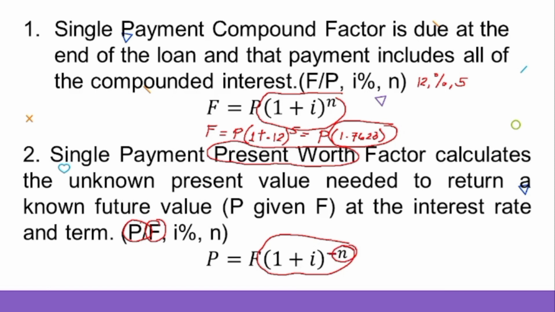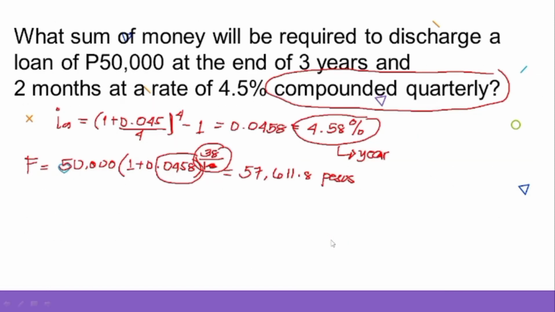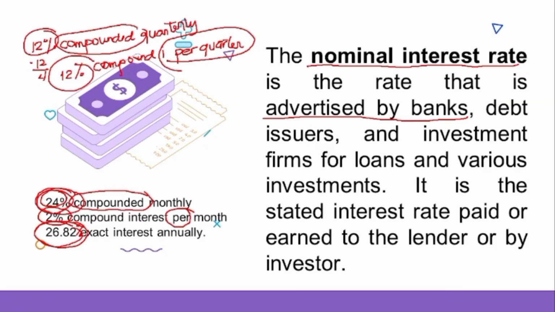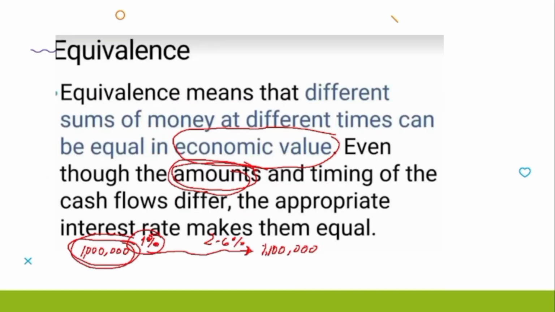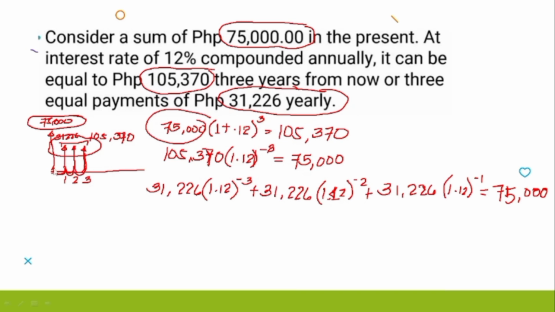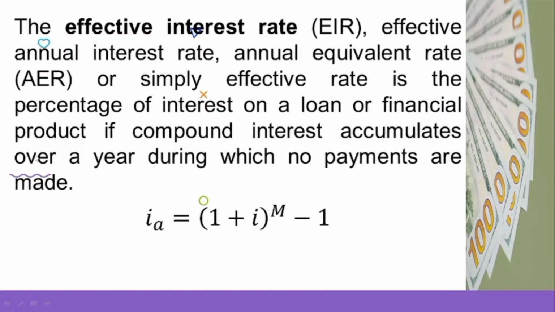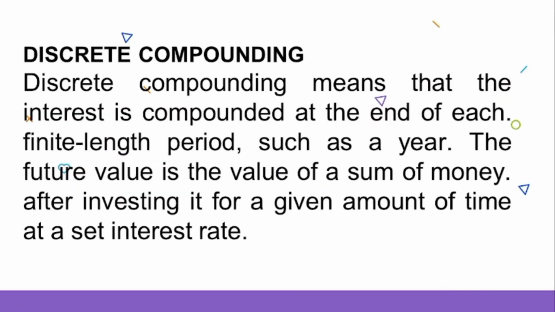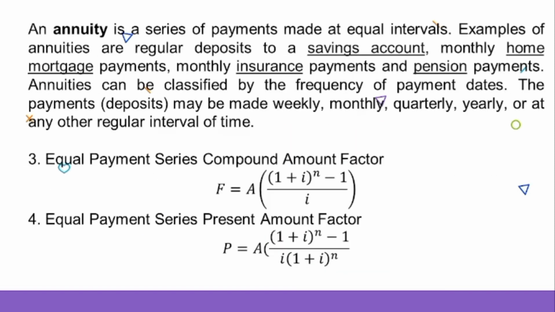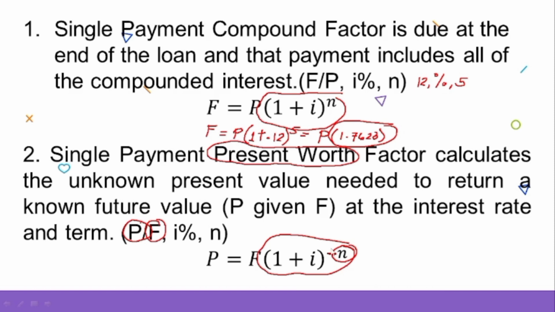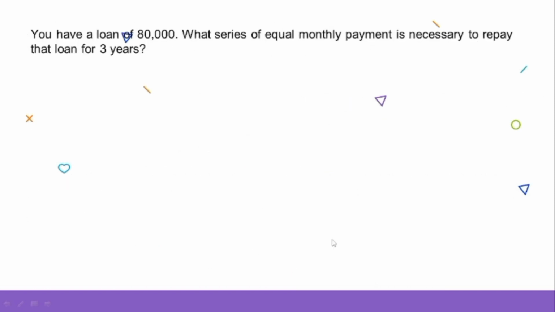So, if you have observed kanina, if we will move our payment backward, kapag pa-backward ka, diba, that would be negative. Raised to negative siya. Pag pagbabalik ka ng present amount, that is why naka-negative itong part na to.